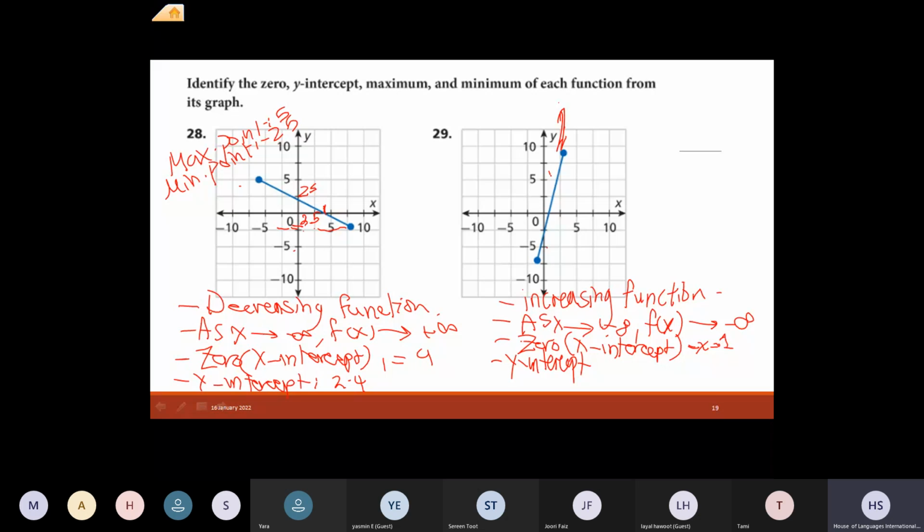They jumped by 2.5. Ranim, in your book now, what is the y-intercept? 5. Here it's different. So what's the y-intercept? Negative 2.5. Right.